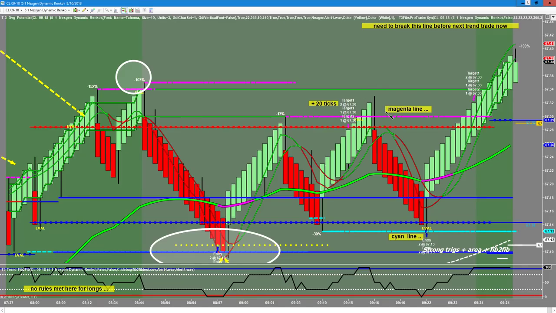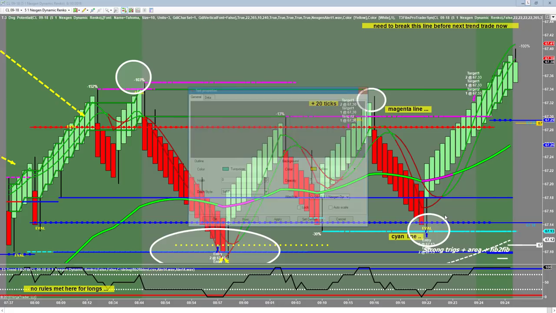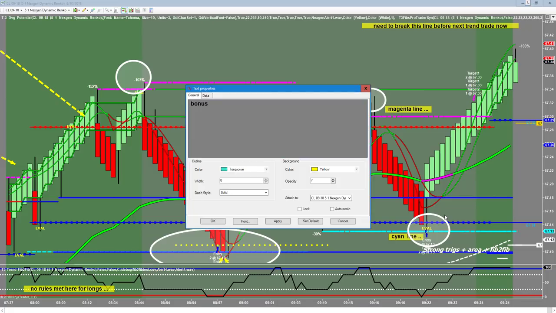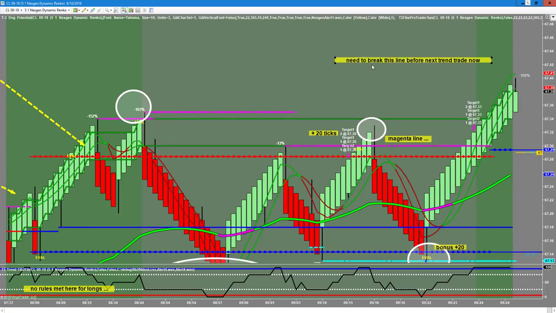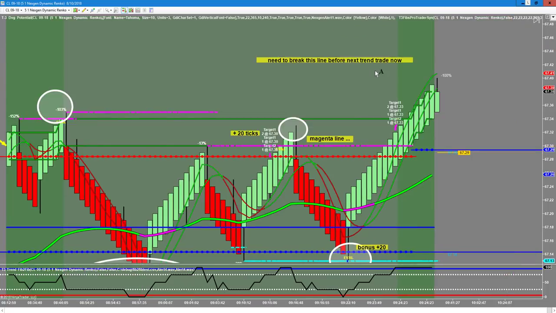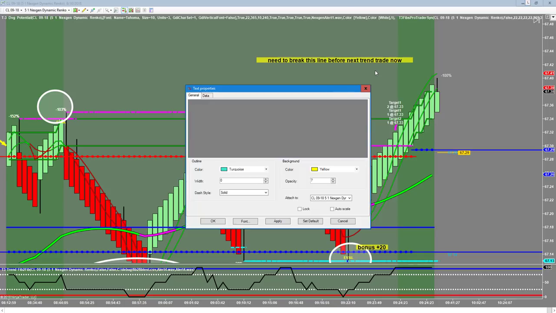We stopped out the magenta line on the 5-1 chart, and we got back to the cyan line. So, again, this is an opportunity where our more experienced traders, some of them will do counter trend trades both ways. We're just sticking with the trend this time. So we ended up with 2 trend trades for 20 ticks in the same kind of range-bound window.